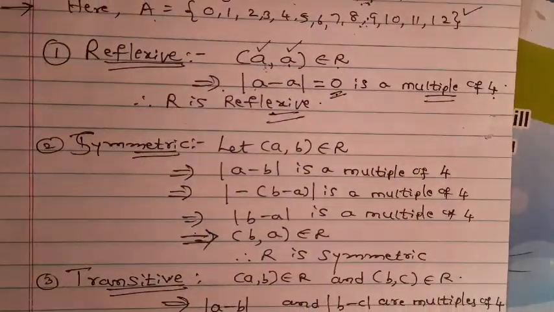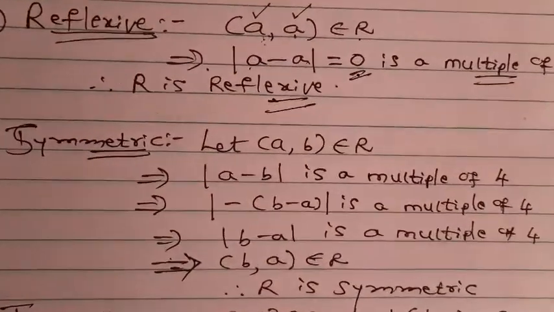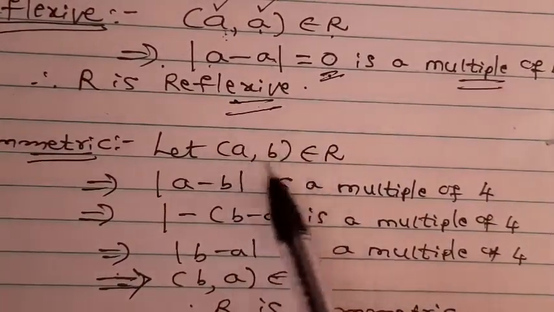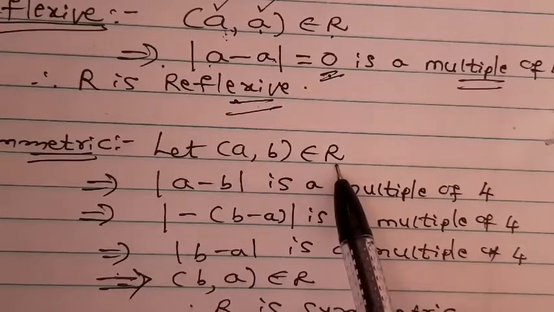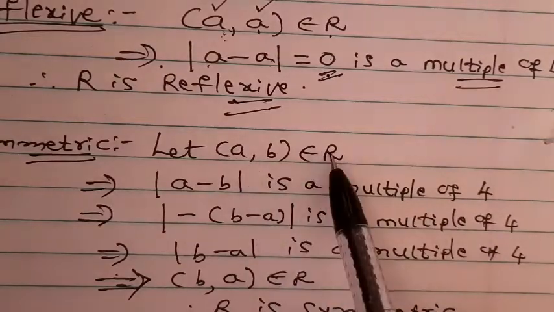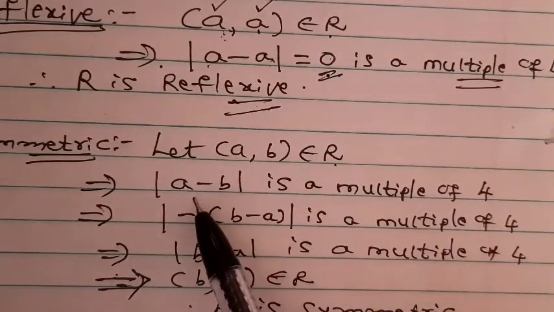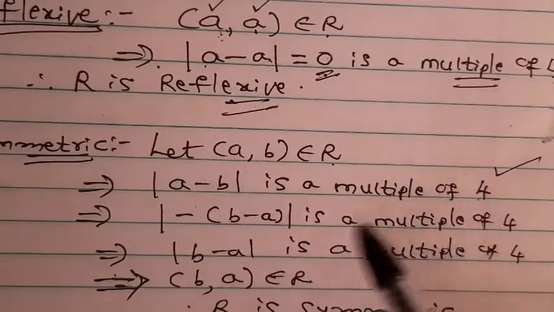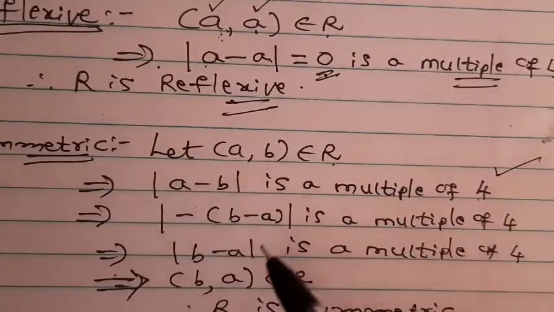Symmetric. See, the symmetric property, as we know the definition, is very simple. You take only one pair here, (A, B). (A, B) implies (B, A). So (A, B) belongs to R implies, according to this, simply we have to write mod of A minus B is a multiple of 4. It is given in the problem. So here we have to change the order.